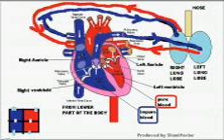Now you can see the aorta, which is from the left ventricle, it curves like a question mark, and you can see it goes to the right arm, left arm and to the brain, up.